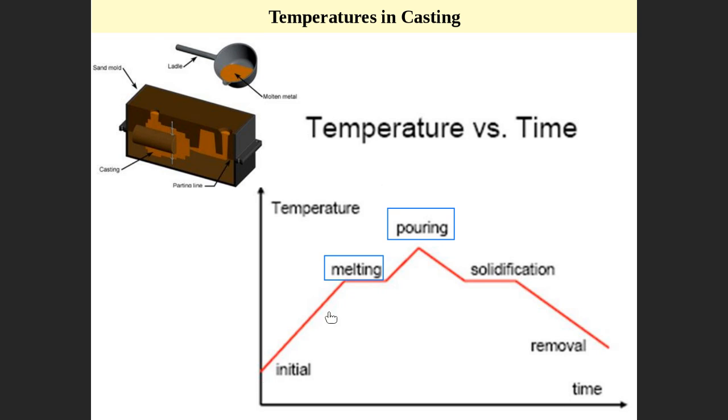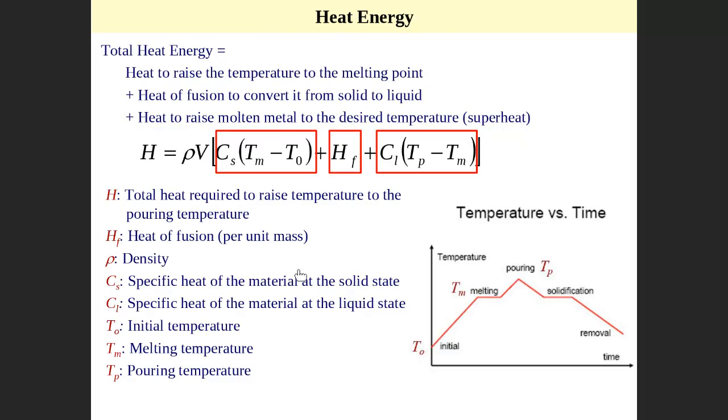So we heat the material up to the melting temperature and then heat more up to the boiling temperature. So now we realize that the boiling temperature is higher than the melting temperature. Right. There is an equation, which we call the heat energy equation.